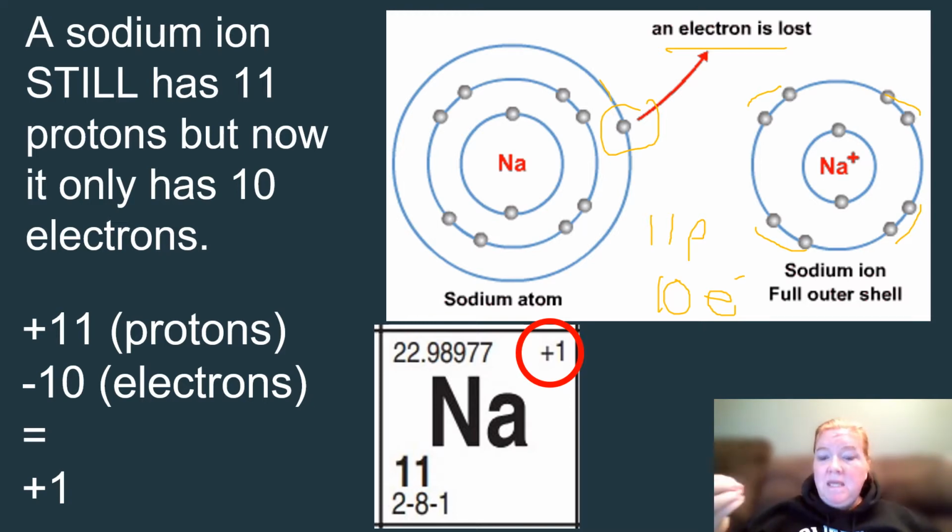So what that means is, in order to get a stable octet, sodium will lose 1 electron. If you look at electron configuration, it makes sense. Look at this. There's valence electrons. It loses that 1. It's left with this electron configuration, which has 8 valence electrons. Ta-da!